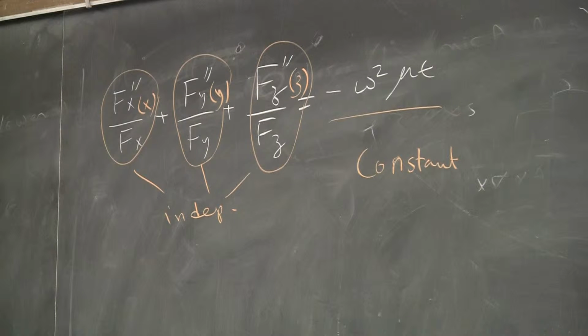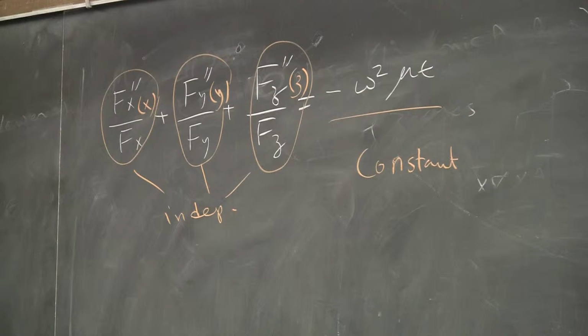Now, if I come to this class here, and I pick three independent people, and I ask each one to shout a number, and I claim that the numbers they independently shout will add to a constant, would that ever work? No way, right?